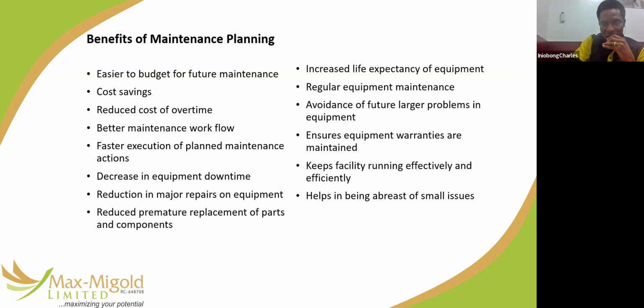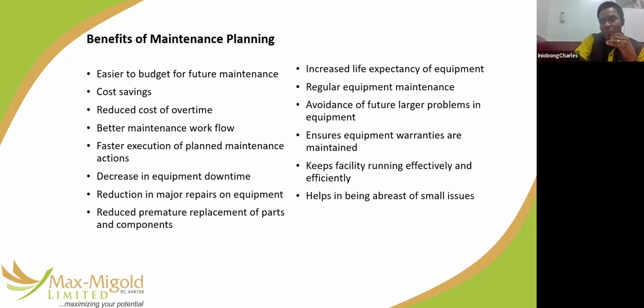This is very important. When you buy equipment, especially capital intensive equipment, you need to follow the warranty conditions. If that condition is violated, you will lose your warranty. You need to follow what the manufacturer is saying you should do. That's why our maintenance should be tied to what the manual is saying.